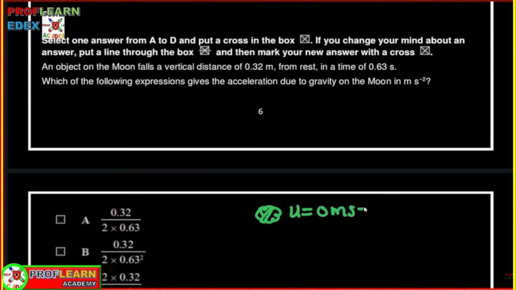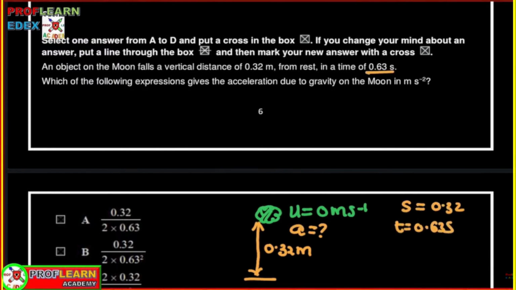The initial velocity is 0, the height it falls is 0.32 meters, which is the displacement. We are told to find the acceleration, which is g, and the time it falls that height is 0.63.